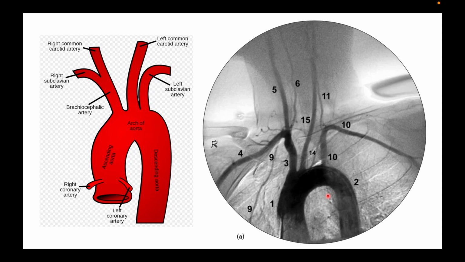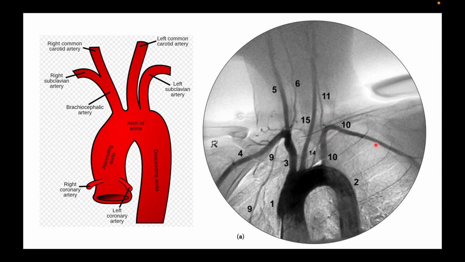Now coming to anatomy, here you can see the ascending aorta, then this is the arch of aorta, descending aorta, right brachiocephalic artery going on to become the subclavian artery, which gives off the right carotid as well, and the right vertebral artery. Then this is the left common carotid artery, and this is the left subclavian artery, which also gives off the left vertebral artery.